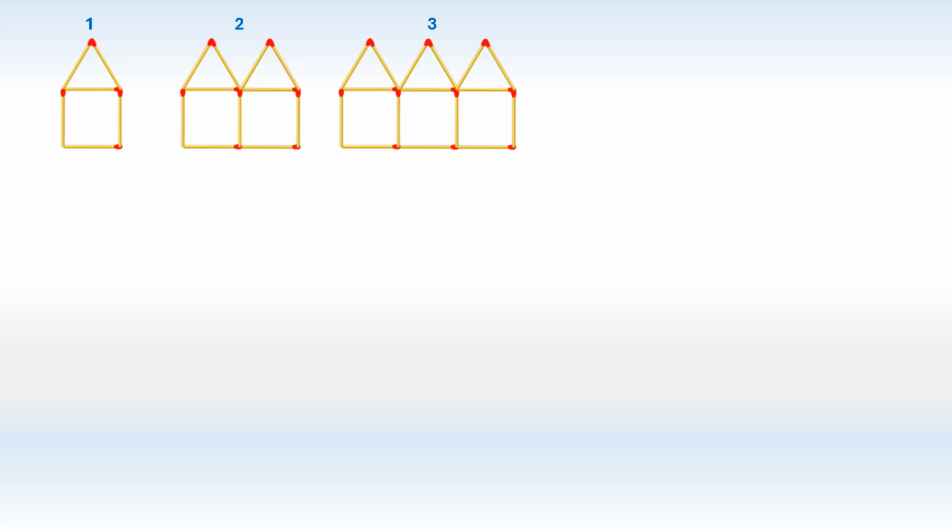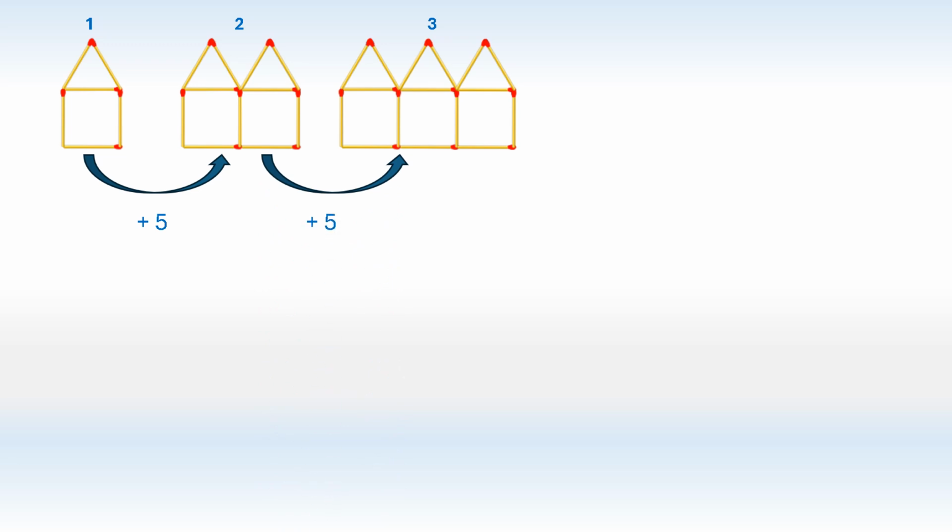In the second row, 1, 2, 3, 4, 5, 6, 7, 8, 9, 10, 11. And we could say 11 minus 6 is 5. So we took 6 plus 5 and we got 11 matchsticks. So you could see to each house, because the shape makes a house, we added 5 matchsticks, which is 1, 2, 3, 4, 5. So from the second to the third row, we added 5 matchsticks as well.